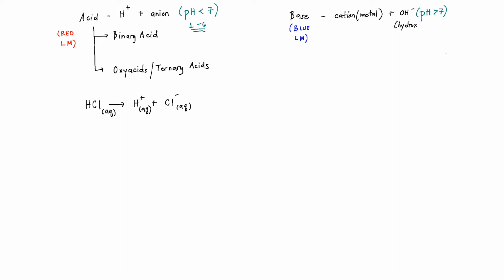So any base, when you put it in water, let's say for example lithium hydroxide, you put aqueous, therefore it will have lithium positive plus OH negative. And if you could try to remember, the pH of base is greater than 7, or rather we could have 7.1, 7.2, or better in whole numbers, that is 8 to 14.